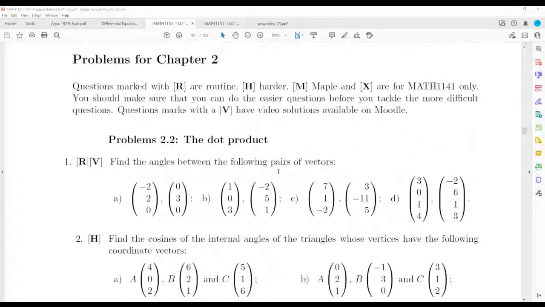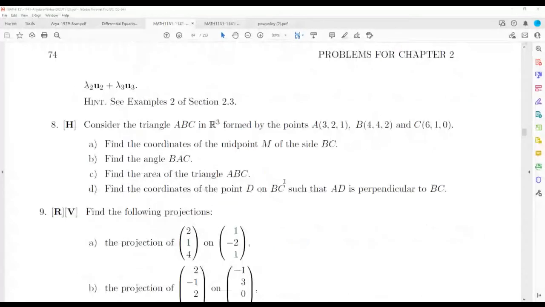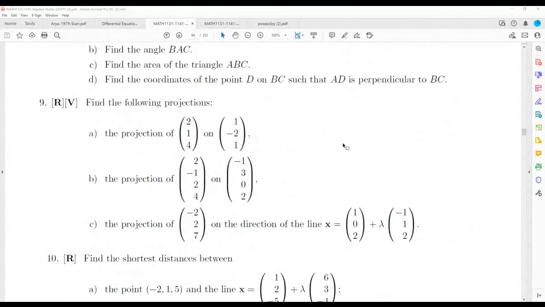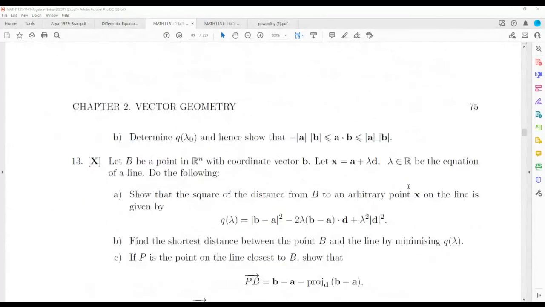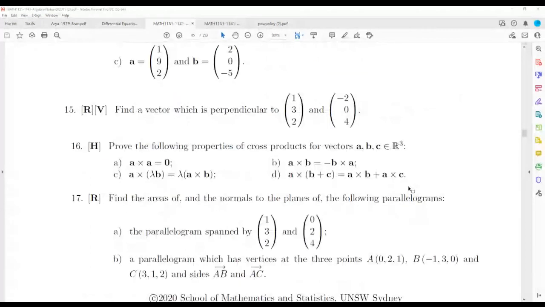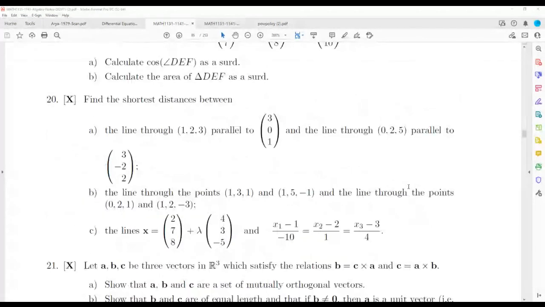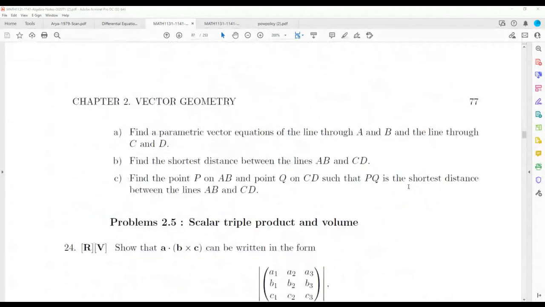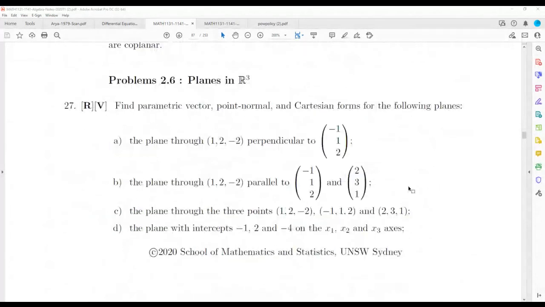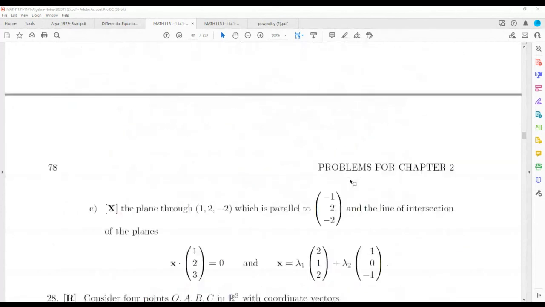We've got the cross product, the scalar triple products, planes. Here we go. So, William, let me know if anything is coming up here that is similar to what you saw.